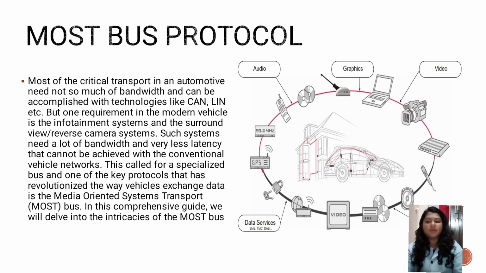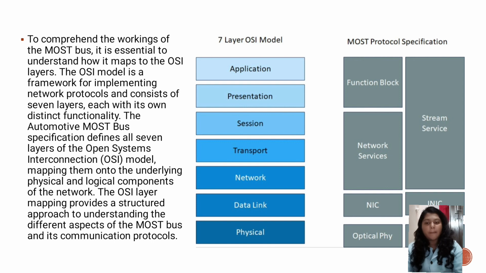This calls for a specialized bus, and one of the key protocols that has revolutionized the way vehicles exchange data is the Media Oriented Systems Transport bus. To comprehend the working of the MOST bus, it is essential to understand how it maps to the OSI layers.